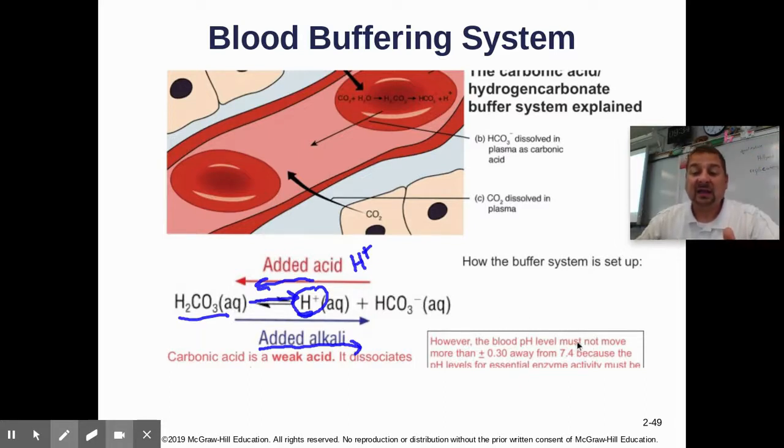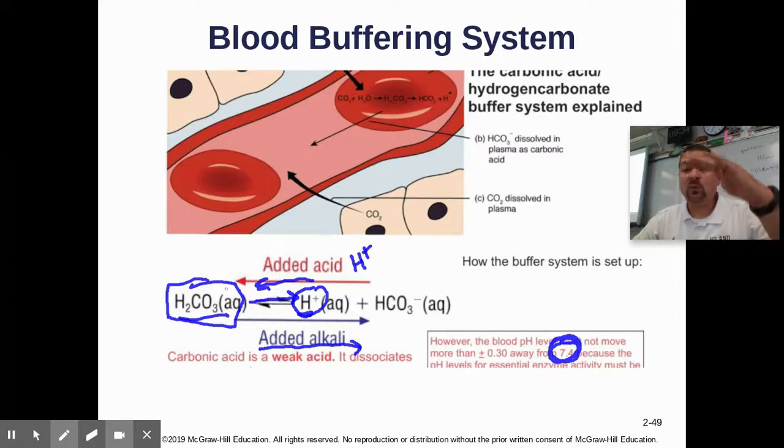Again, if we get too far away from that pH of 7.4, it can be dangerous for our body, for our cells. So there's this buffer system built in that can either release hydrogen ions or absorb them based on where we need to buffer that pH, and it works out as well.